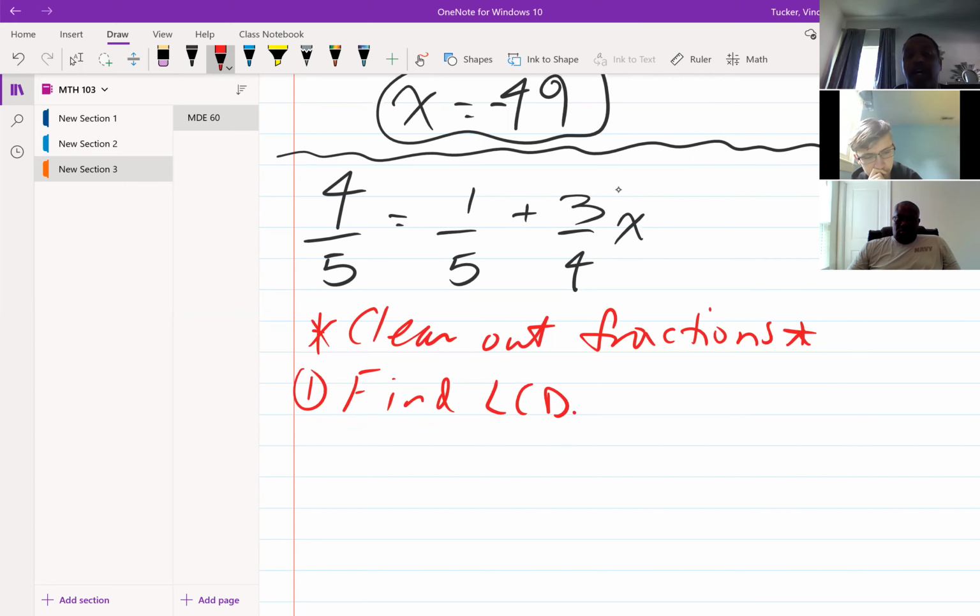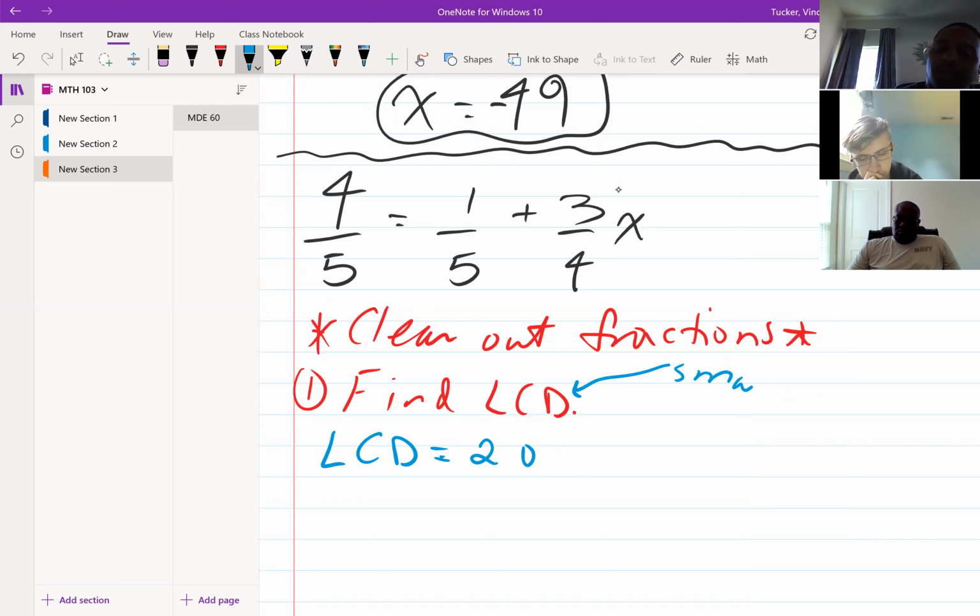If you're going to clear out your fractions, first step is to find the LCD. LCD is least common denominator. So we have a 5 and a 4 in our denominator. So the LCD will be 20.